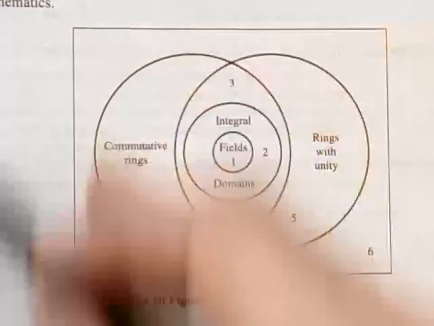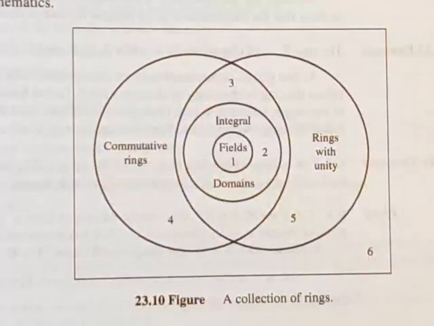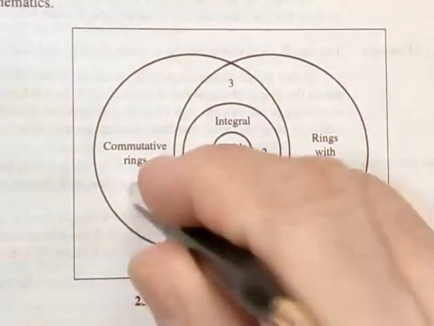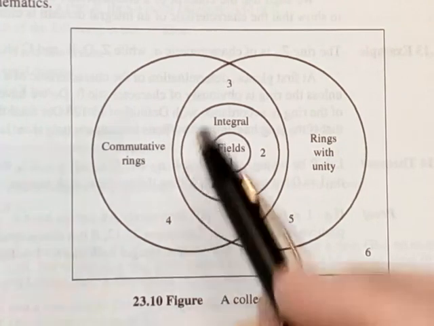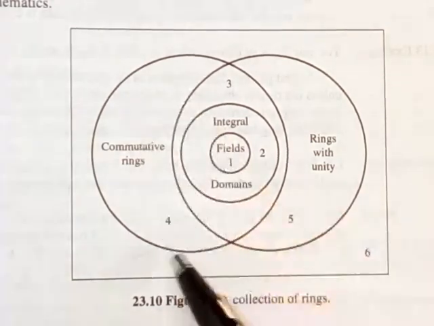General rings here are on the outside. Rings with a unity, rings that are commutative. We know at least one commutative ring that does not have a unity. What is it? What would be in this piece number 4?